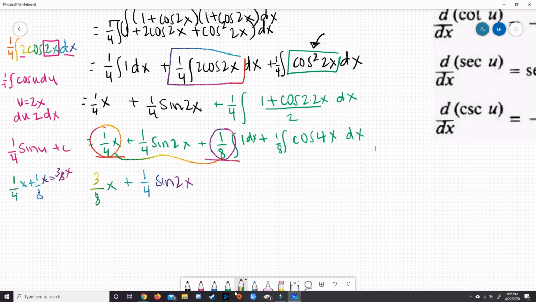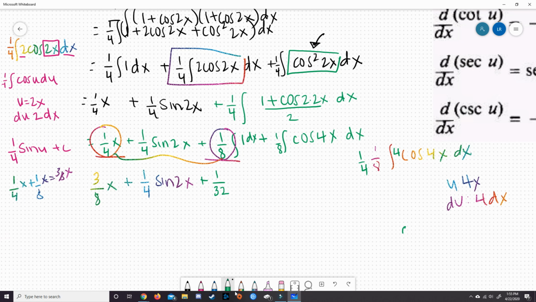When we integrate that, we are going to say that u is 4x, meaning du is 4. I don't have a 4 here, so in order to add a 4, I have to add a 1/4 out here. So I'm going to get 4 times 8, which is 32.